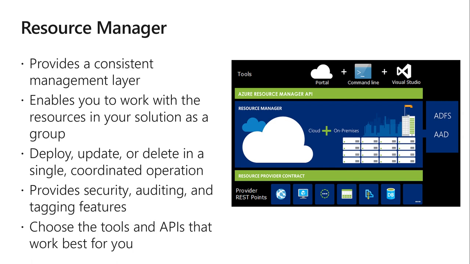You use a template for deployment, and that template can work for different environments such as testing, staging, and production. The resource group provides security, auditing, and tagging features to help you manage your resources after deployment. It's a consistent management layer.